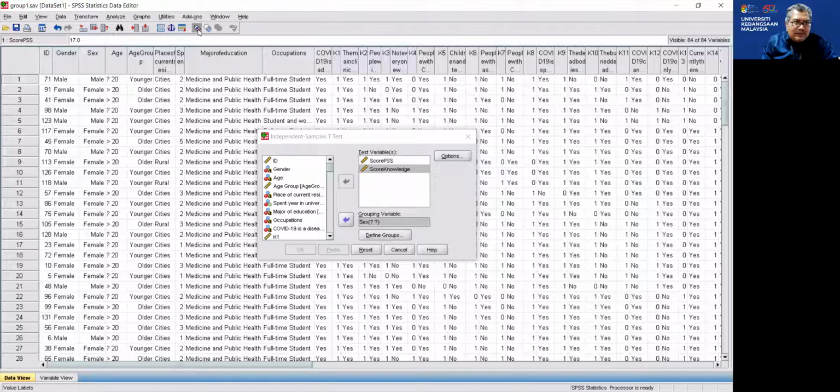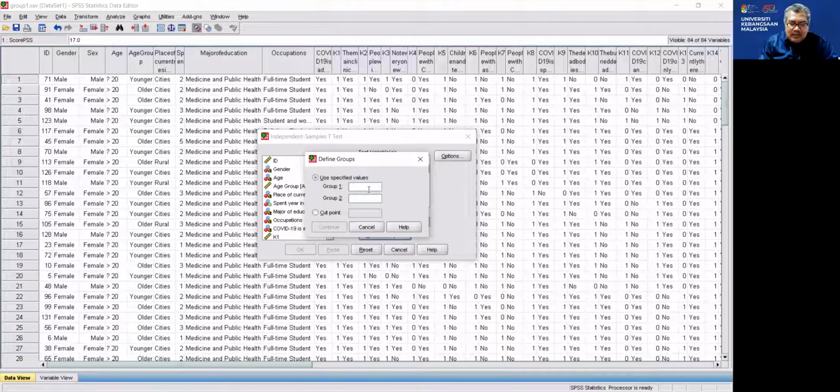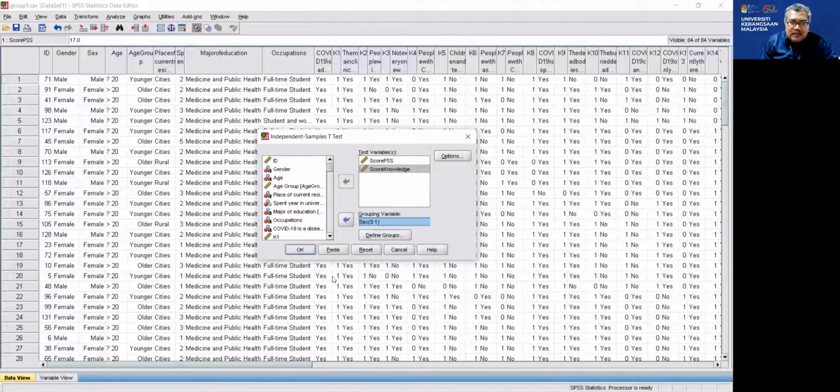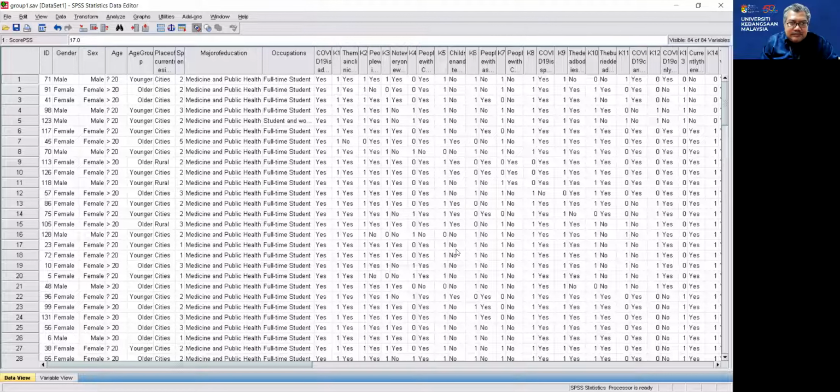How is female coded? Male is coded as 0, female is coded as 1. So define the groups 0 and 1. So 0 is the boys, 1 is the girls. Continue. So we are comparing the boys and the girls in terms of the score for stress and the score for knowledge. Click OK.